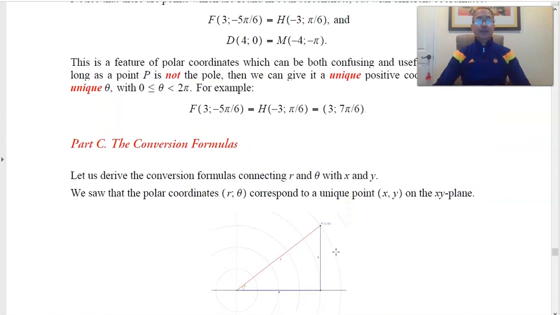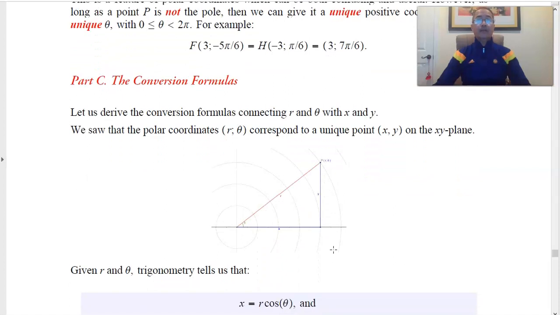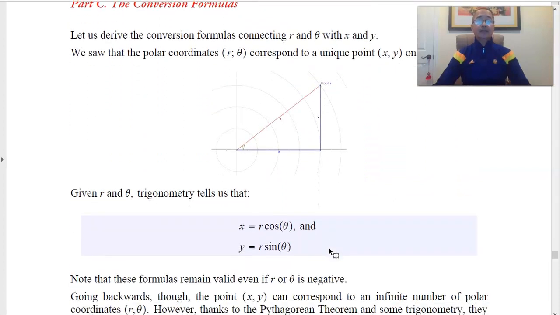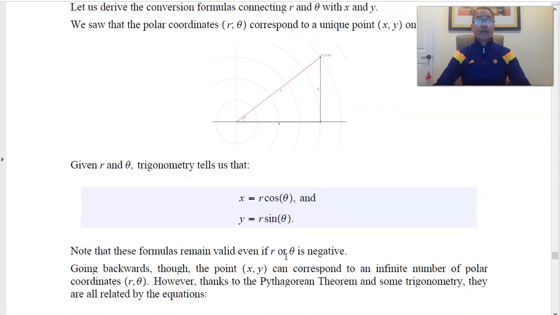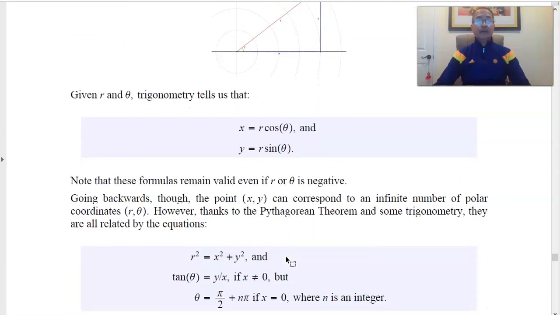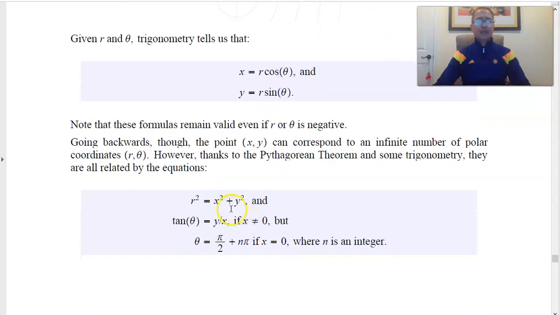And then, very important for today, we have conversion formulas, okay? So if you want to convert x and y into r and theta, we are going to replace x with r cosine theta and y with r sine theta. In many of the integrals that we will encounter, x squared plus y squared will show up, okay?